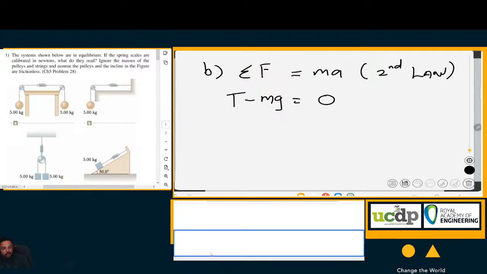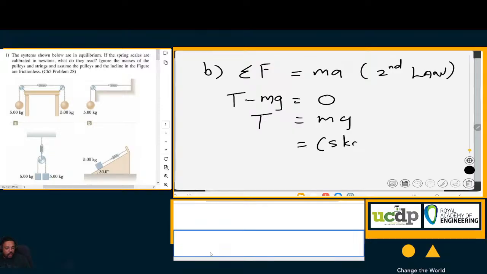And we know that the sum of these forces must be equal to zero because it is in equilibrium. Okay? So yet again, we are just working out the tension, and we've already done this.